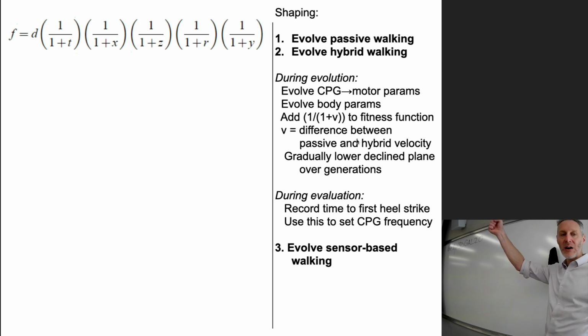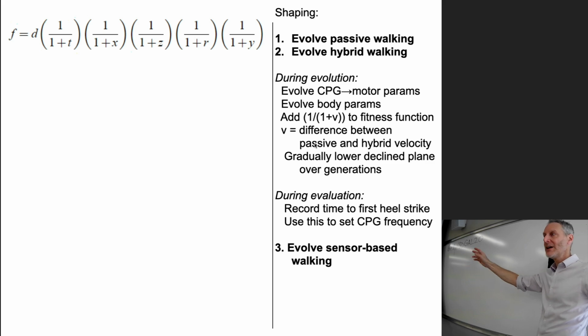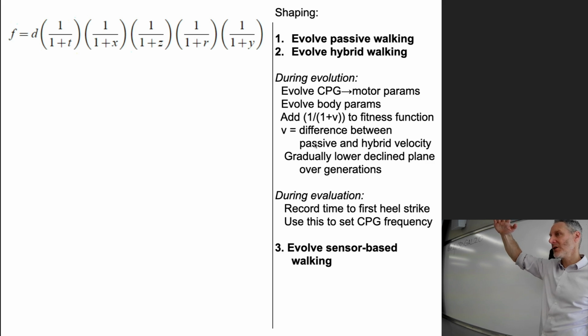So in the second phase, they're going to evaluate every genome twice. The first time, they're going to build the robot at the top of the decline plane, measure how it moves down the decline plane, all of these passive velocities. Then they're going to lower the decline plane. They're going to make the decline shallower.